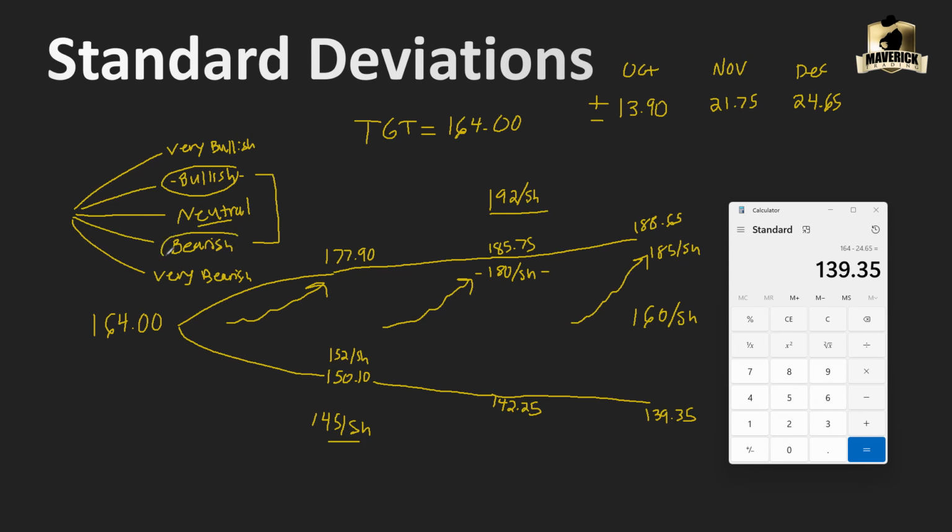And most of my bearish trades, guess where my targets are? Probably a move down towards 150. I might build a trade that expects the stock to go to 152, or build a trade that expects the stock to go down to 145. Maybe not all the way to the bottom, but towards that area, or here towards 140-ish or something like that.